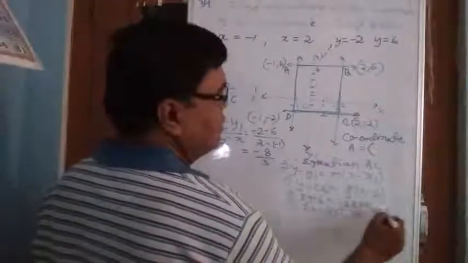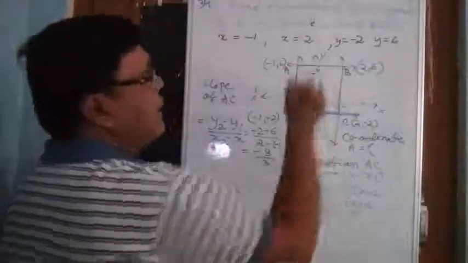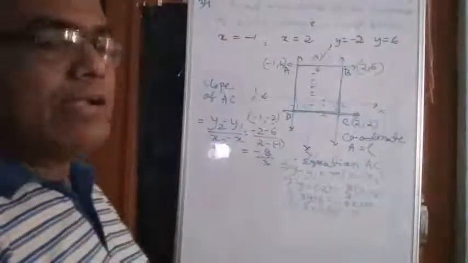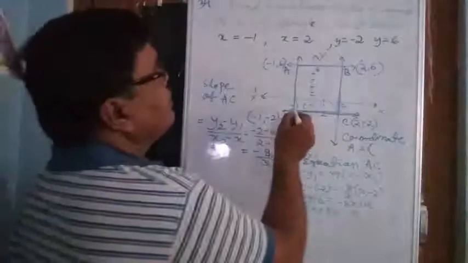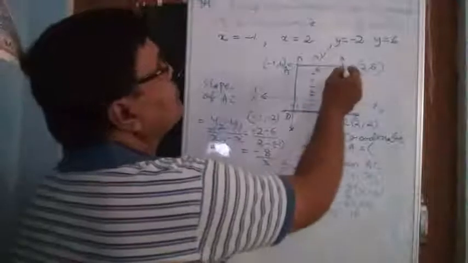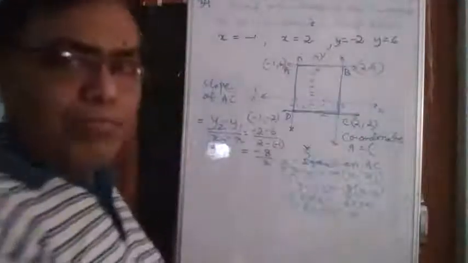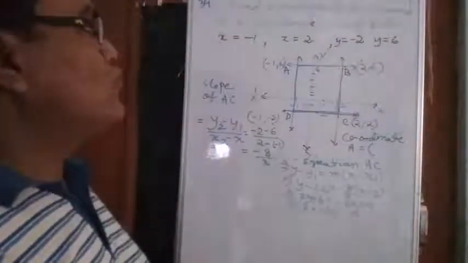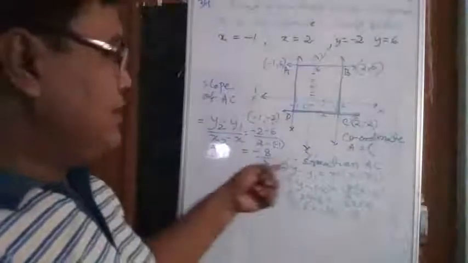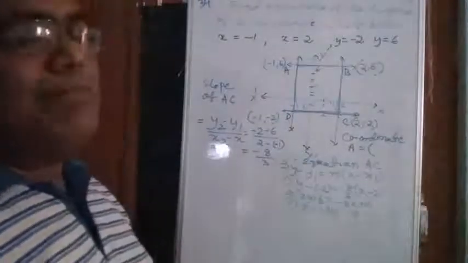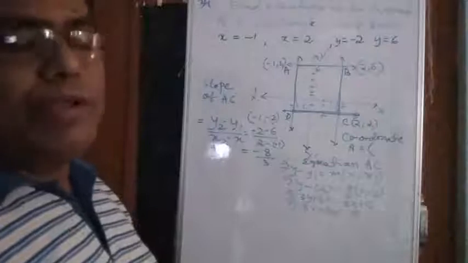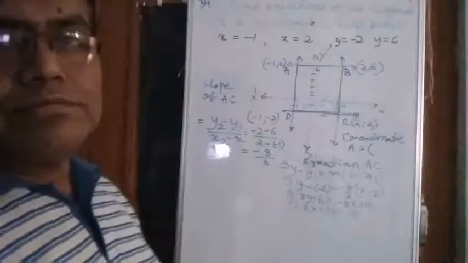This is the equation of line AC. Similarly, find the slope of line BD and its equation using the same formula, y minus y1 equal to m into x minus x1. Thank you.